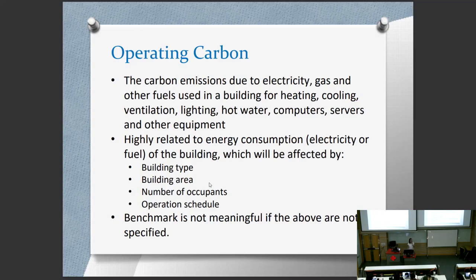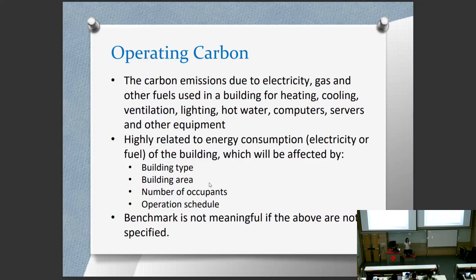Like in this classroom, when it is operated, we need to turn on the lighting, the computer, the air conditioning, and some more equipment, and maybe the lift, the escalator, and then the water supply. We have the pumps, and the fans for ventilation, for extracting the foul air in the toilets, and so on. All these will result in operating carbon emissions.